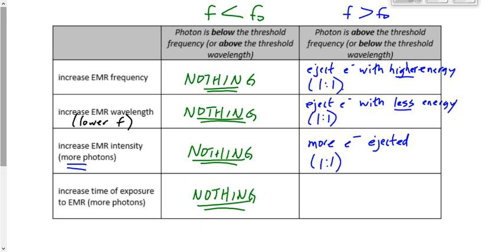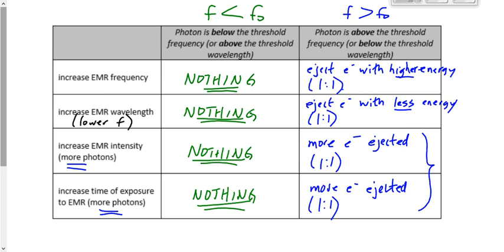If you increase the time of exposure, that's the same thing. More photons. You're going to get more electrons ejected. It's a 1-to-1 ratio.